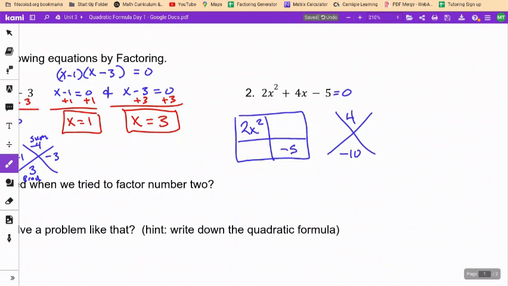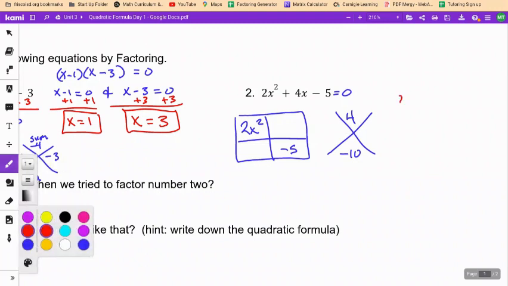And then I'm looking for numbers that multiply to get -10, right? And that'll sum to get positive 4. And I try 1 and 10, 2 and 5, and no combination of those positives or negatives will be able to satisfy the sum and the product. So this one cannot be factored.